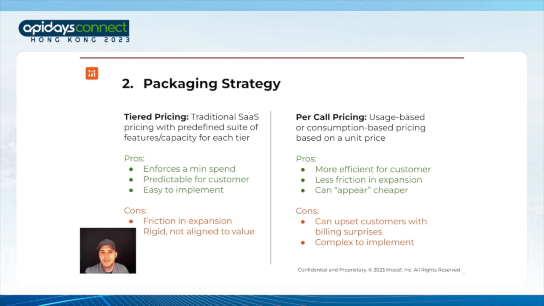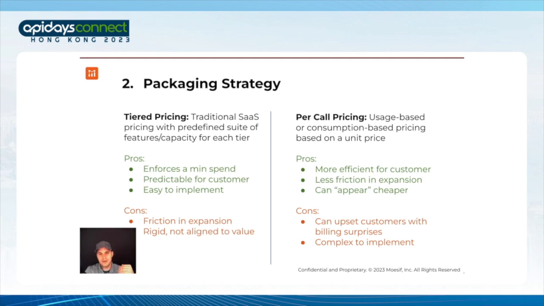However, there's an advantage to per call pricing too, which is it's a lot more efficient for customers because they're only paying for what they use. And there's less friction in expansion. What that means is, from a tiered pricing perspective, if I have a tier at $100, then $500, and then let's say $2,000, when they're on the $100 tier, in order to upgrade them to $500, which is 5 times more money per month, I have to add a lot more value.